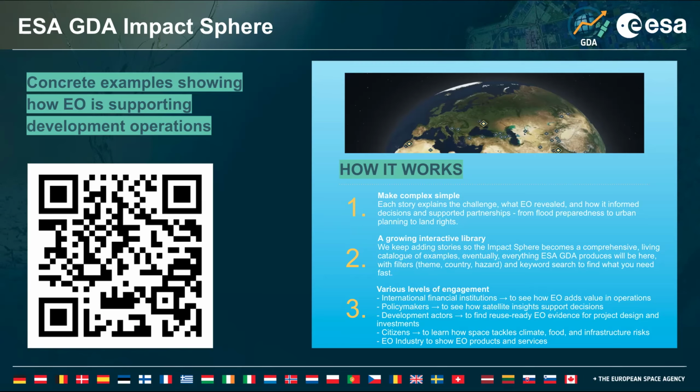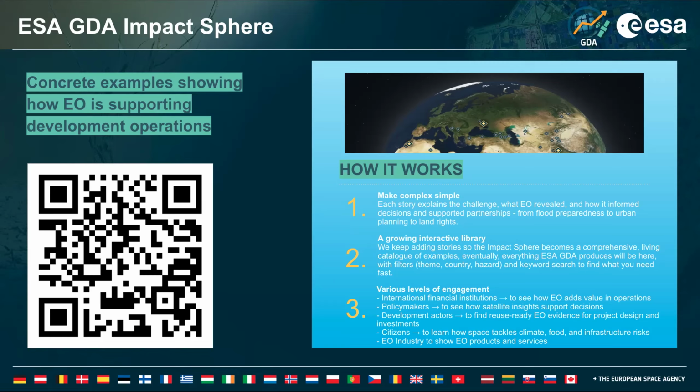From flood preparedness to urban development, land rights, agricultural resilience, clean energy, it's all there. We're constantly adding more. The Impact Sphere is designed to grow into a comprehensive living library of concrete examples. You can filter by theme, hazard, or country, or just by keyword to find exactly what you need. Eventually, everything produced under the GDA program will be here.